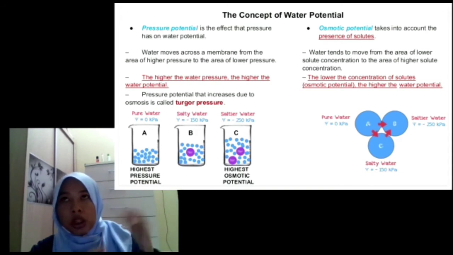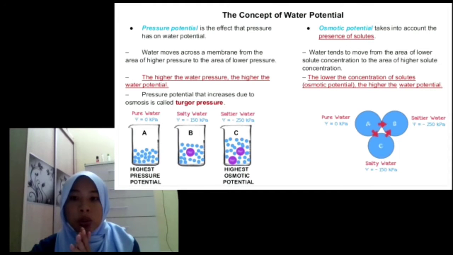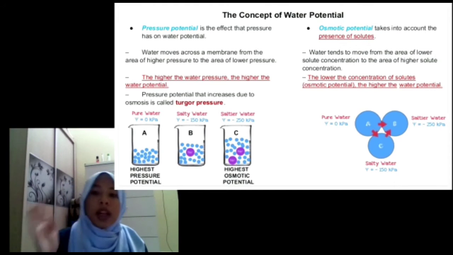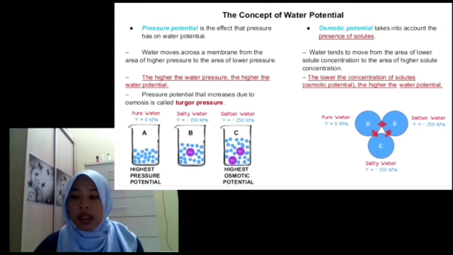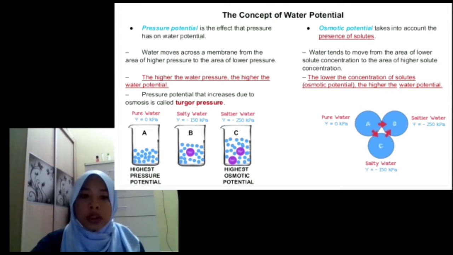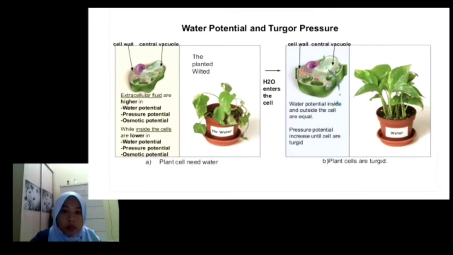So the lower the concentration of the solutes, the higher the osmotic potential, and the higher the water potential. It can be seen from this picture. Alright, these are examples of water potential and pressure.